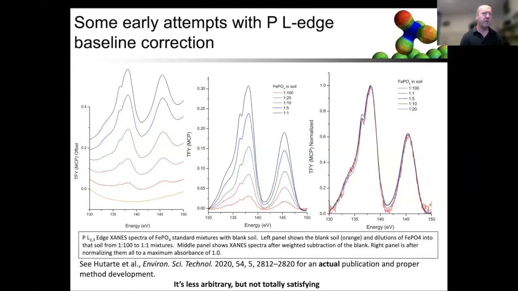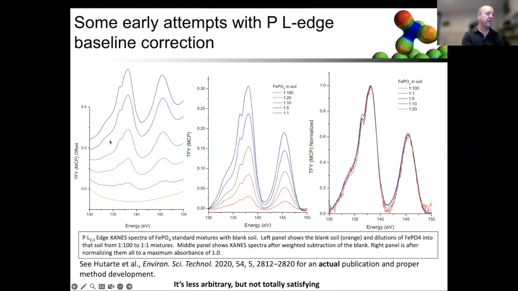Our approach was a little different. We used liquid nitrogen and a grinder to get the particle size of our materials down to like 5 nanometers. And then with those very small, very fine, very well mixed samples, we could just do dilutions. And so this is a soil that had no phosphorus in it or very low phosphorus, and then increasing amounts of the phosphate material.